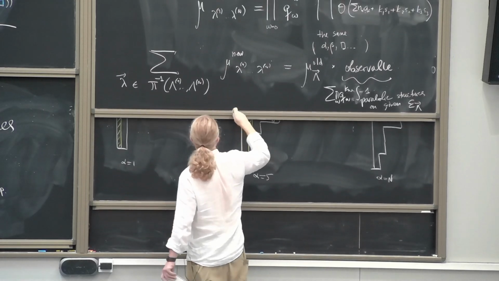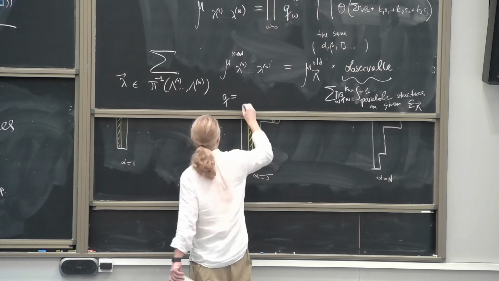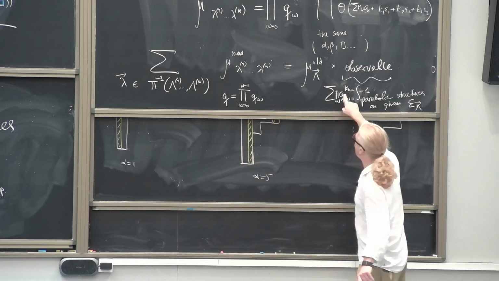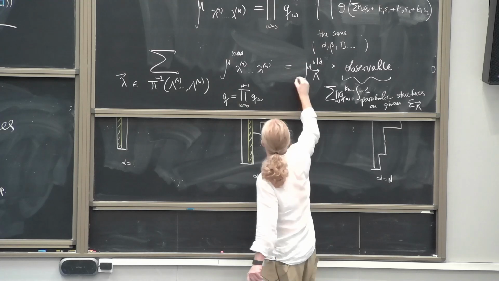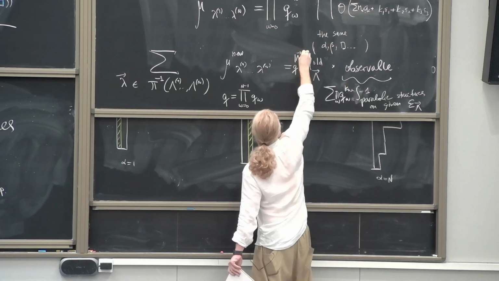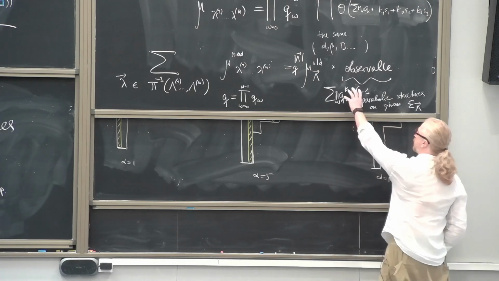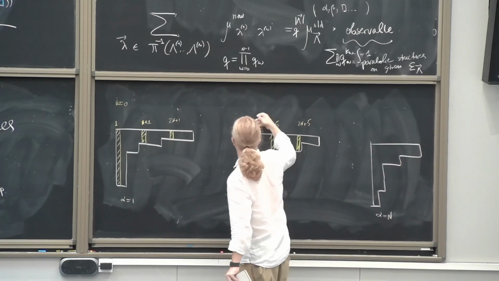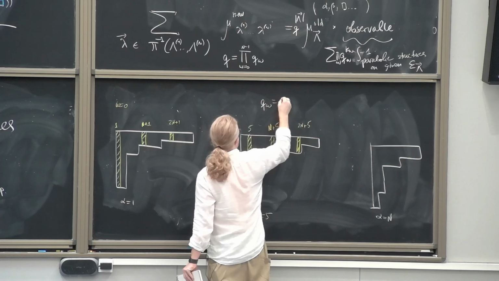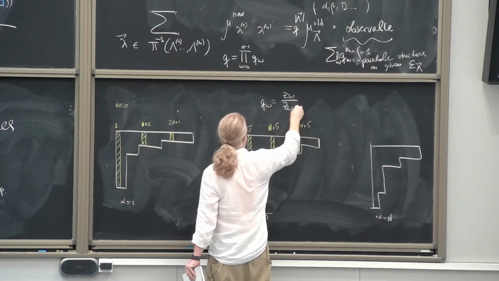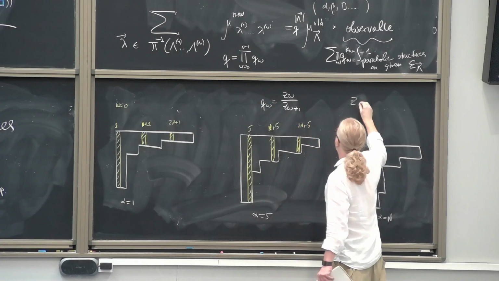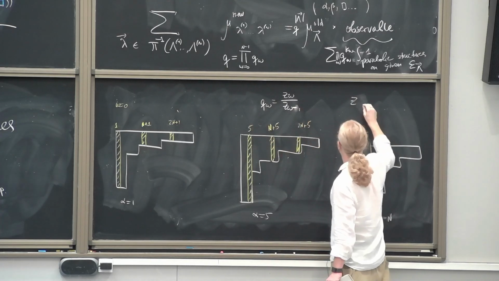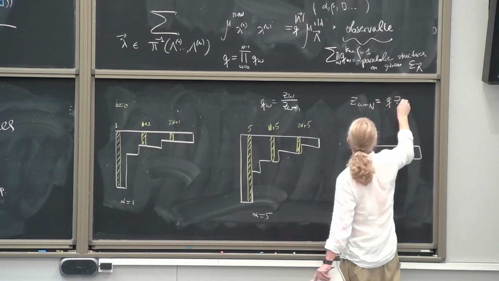So the old Q is the product. So there is of course capital Q to the size of these big partitions, and then it is better to reorganize the sum in terms of the variables Q omega defined in this way, where Z omega plus n is equal to Q Z omega.